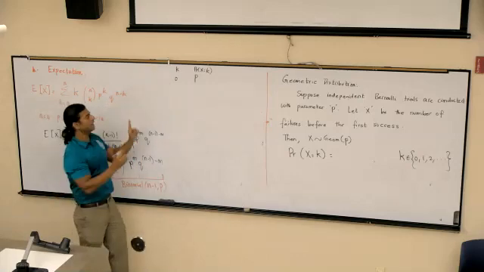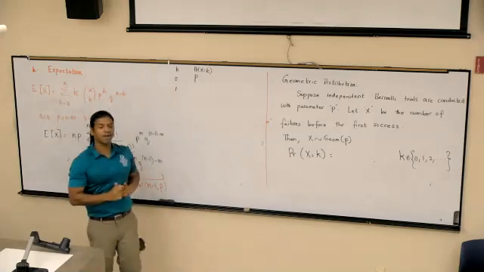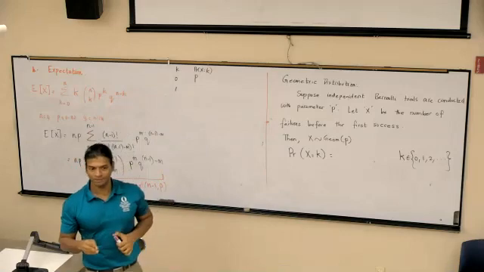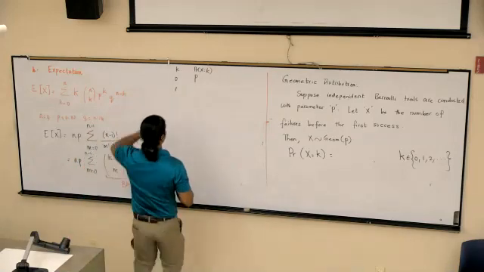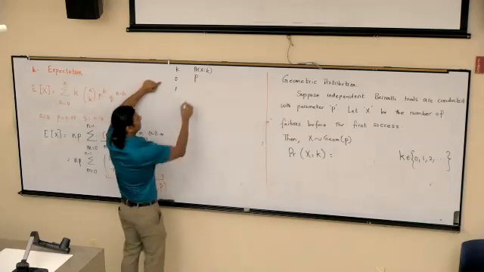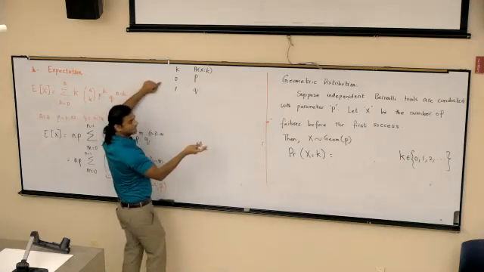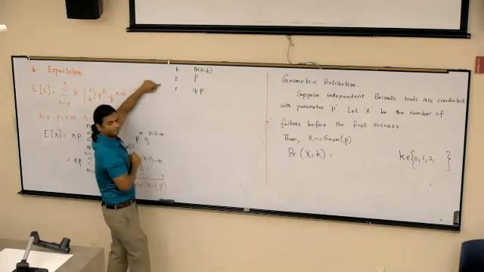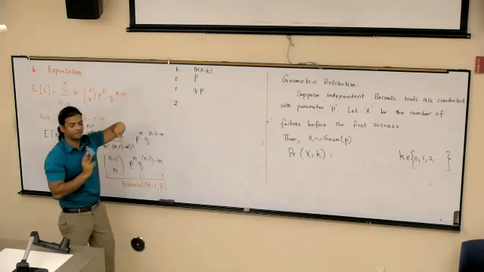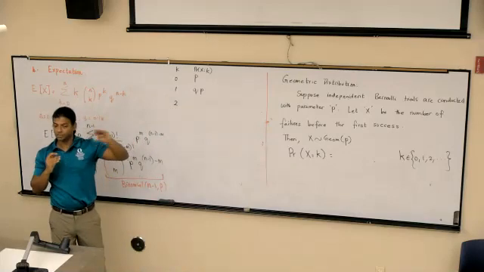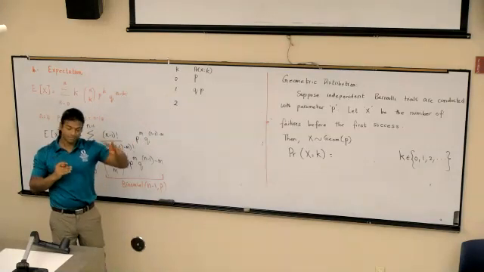So if there is one failure, how many trials were there? 2, right? We need 2 trials. So I failed the first time. I succeeded the second time. If I had 2 failures, how many trials should I have? 3.